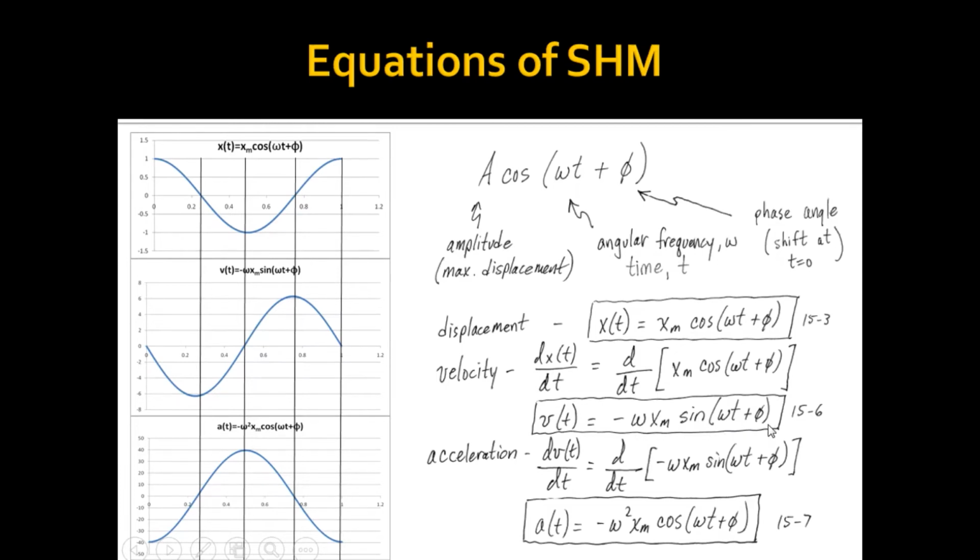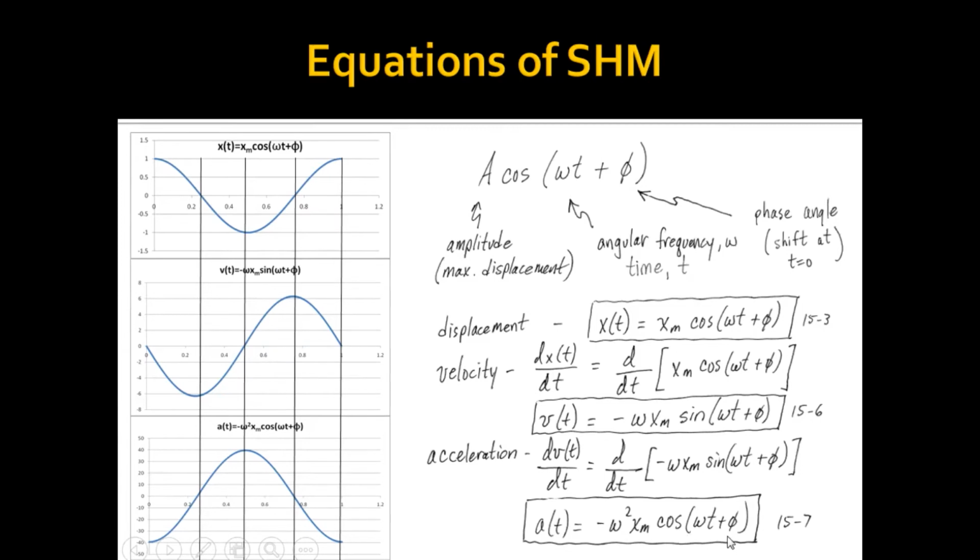And to come up with the equation for acceleration, we take the derivative again with respect to time, and the derivative of sine is cosine, and multiplying by the derivative of what's inside the parentheses changes this omega to omega squared. And we get our equation for acceleration as a function of time, negative omega squared x max cosine of omega t plus phi.